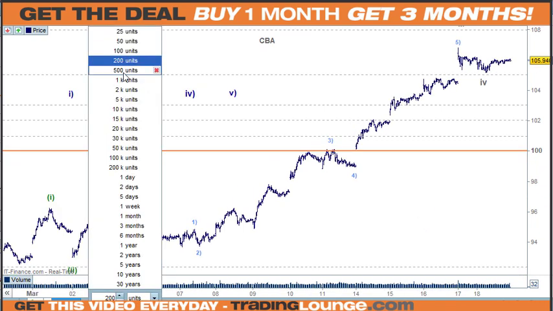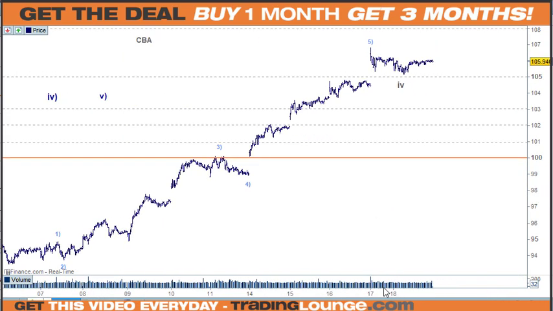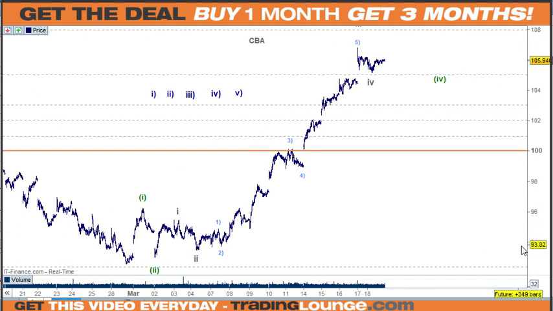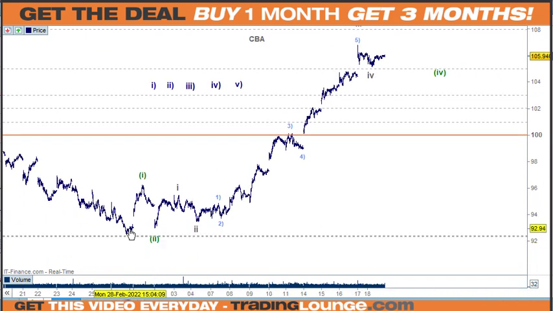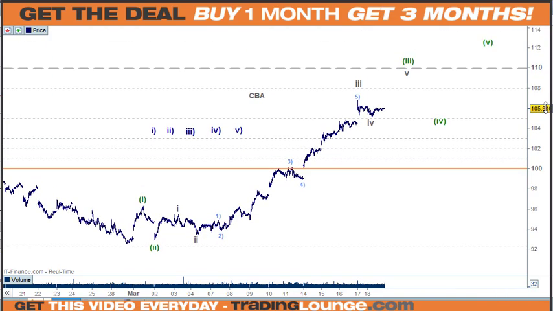CBA, what the SPI is doing, the Australian market. So the best way I can count this so far is it does appear as an impulse wave straight up off the low there, so we can go wave 1 and 2. Then 1 and 2 and 1 and 2 here, then 1, 2, 3, 4, 5 for the third wave, fourth wave. Could be slightly different, but basically looking for the third, fourth, fifth here of the third, and then the fourth, and then the fifth.